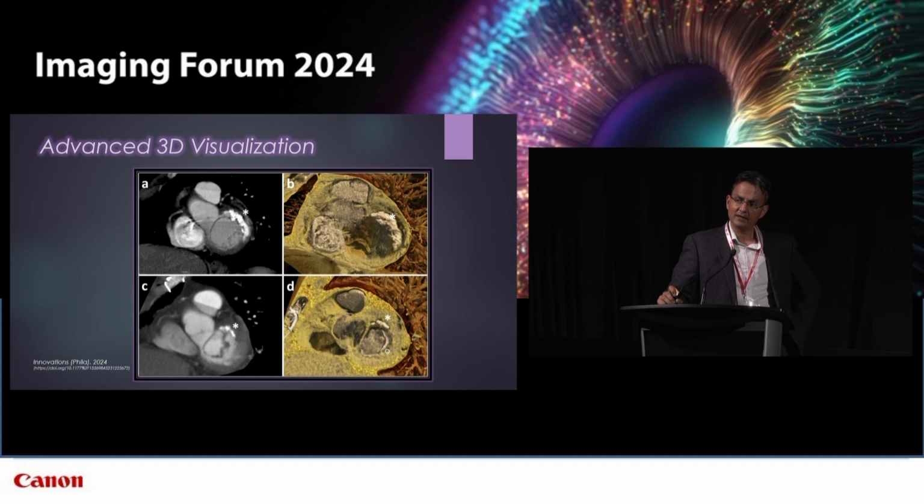So the team actually was going to be challenged to repair this person's mitral valve because of the mitral annular calcification around the valve. So they actually went in and emulsified the mitral annular calcification, and you can see just how much more obvious and the richness of the information is using global illumination rendering to see that mitral annular calcification and know what they needed to emulsify in order to repair the valve.